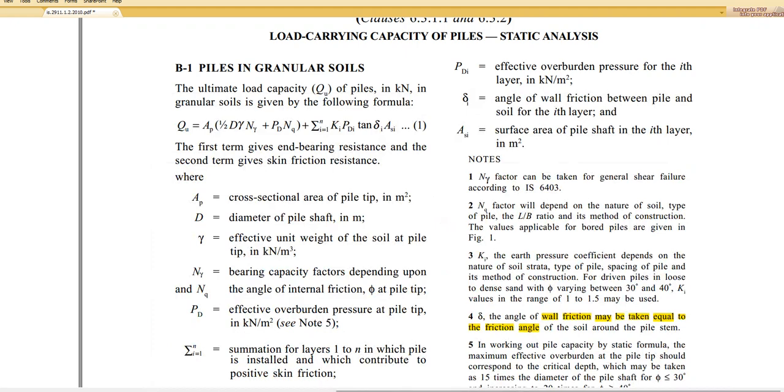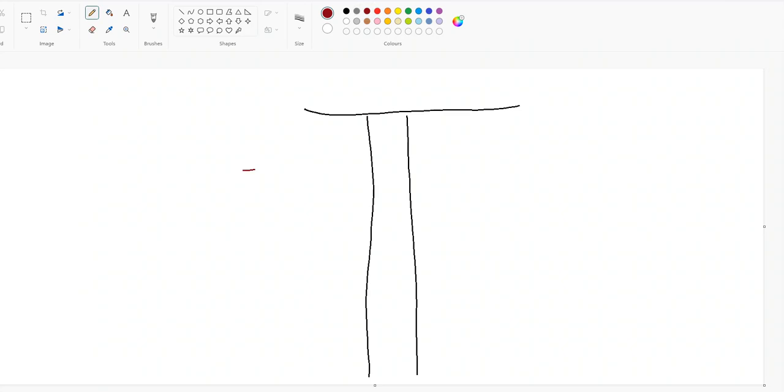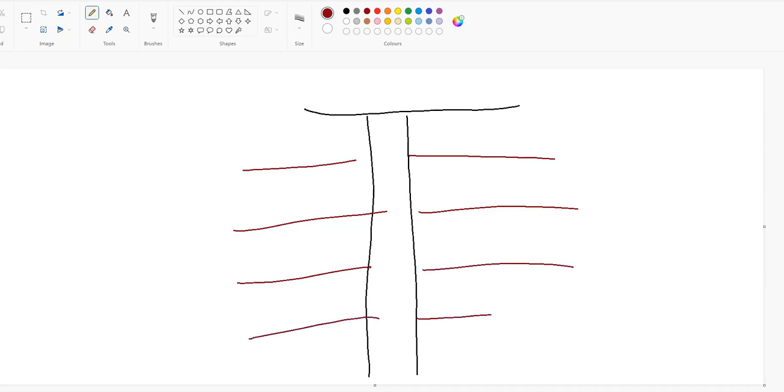And ASI is the area of the shaft for the given layer. So when you have a pile, we have various layers, right? First layer, second layer, third layer, many layers. So let's say first stratum, second stratum, third stratum, fourth stratum, fifth stratum, and many more. So suppose we are doing the calculation of skin friction for this third layer.